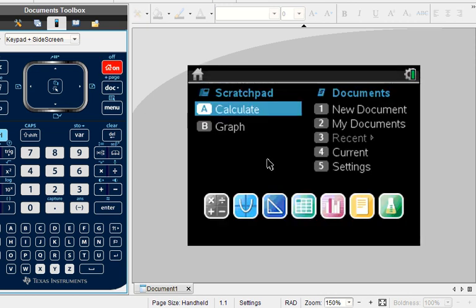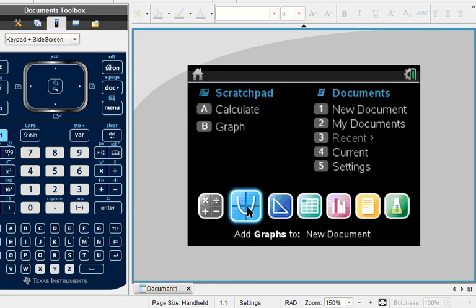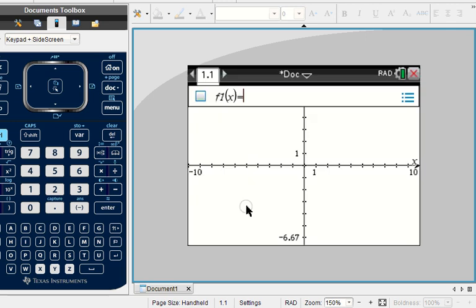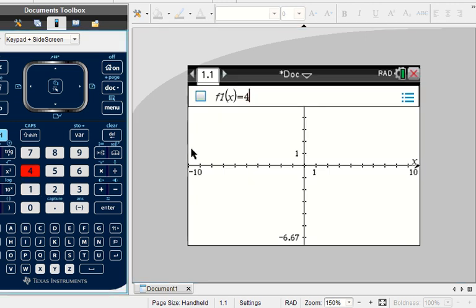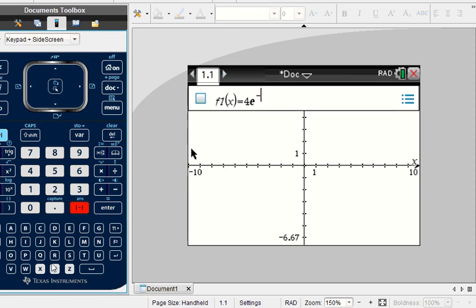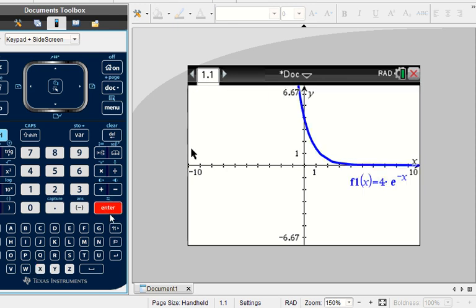Okay, let's try a different graph. There we go. All right, so we have 4e to the negative x. There's our decay. Control T.